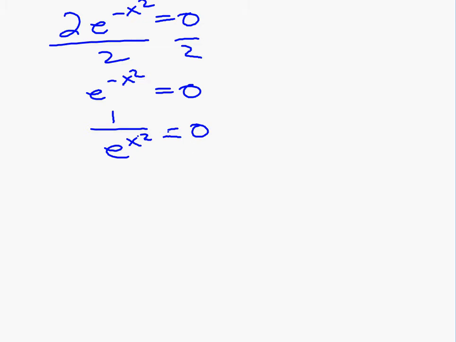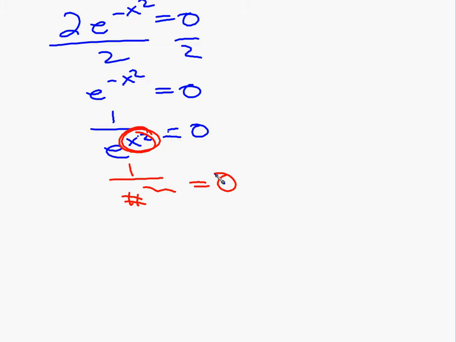Before we go any farther, I have e to some power, and that power is x squared. So isn't this power right here always going to be positive? So don't I have 1 divided by some number raised to some power, whatever that power is? Can that ever be equal to 0?